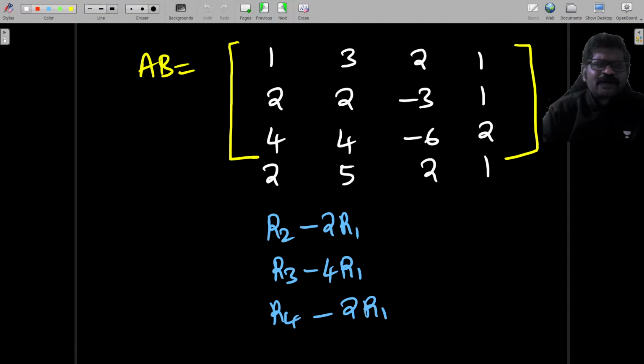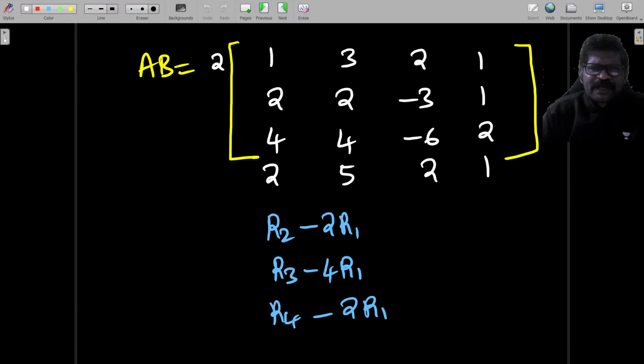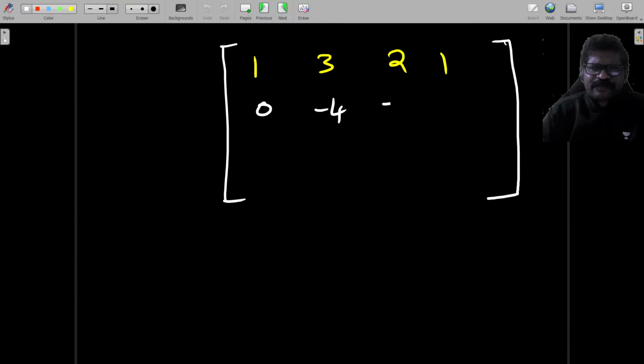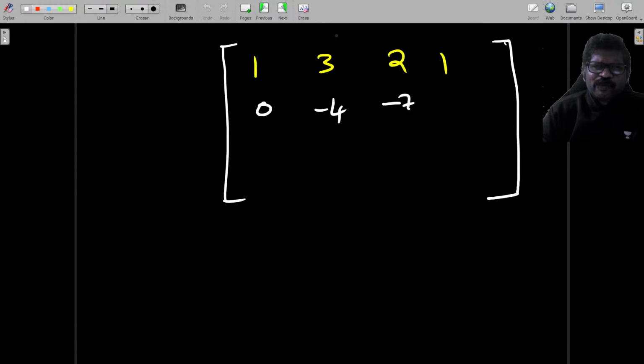Now R2 minus 2R1: 2 minus 2, 0; 2 minus 6, minus 4; 0 minus 4; next, minus 3 minus 4, minus 7; 1 minus 2, minus 1.